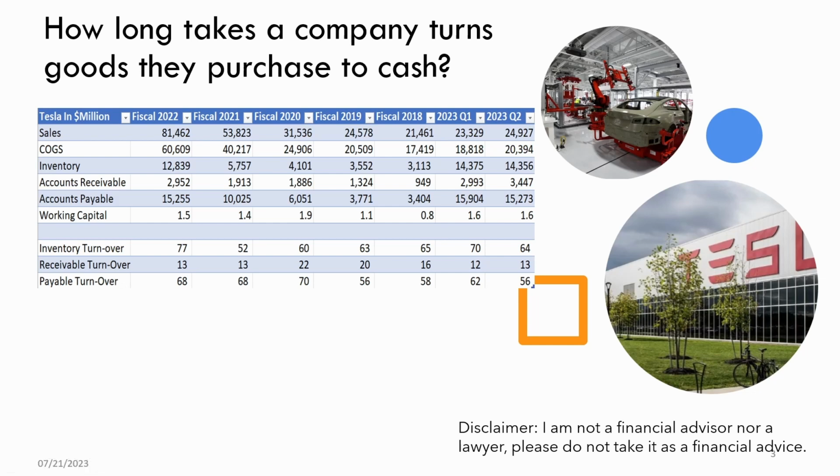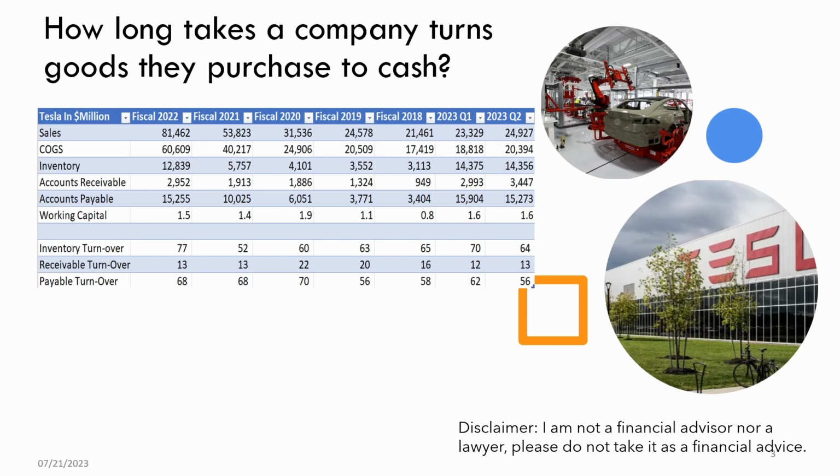So overall, what does this really mean to us, to investors? The way I look at it is I look at cash inflow. How long does it take the company to make cash inflow? Which is the 64 days at the end of 2022 and the 13 days in the middle of 2023.